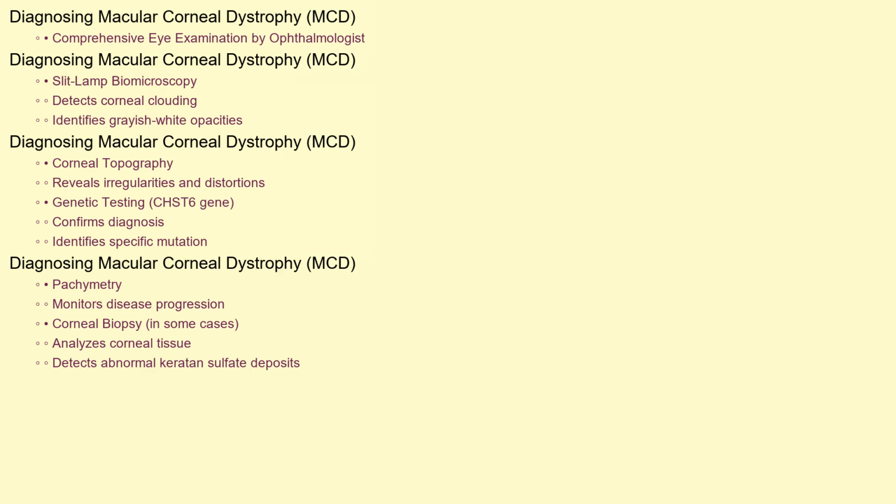Genetic testing, specifically analysis of the CHD6 gene, can confirm the diagnosis and identify the specific mutation responsible. Pachymetry, which measures corneal thickness, can help monitor disease progression. In some cases, corneal biopsy may be performed to analyze the corneal tissue under a microscope and confirm the presence of abnormal keratin sulfate deposits.